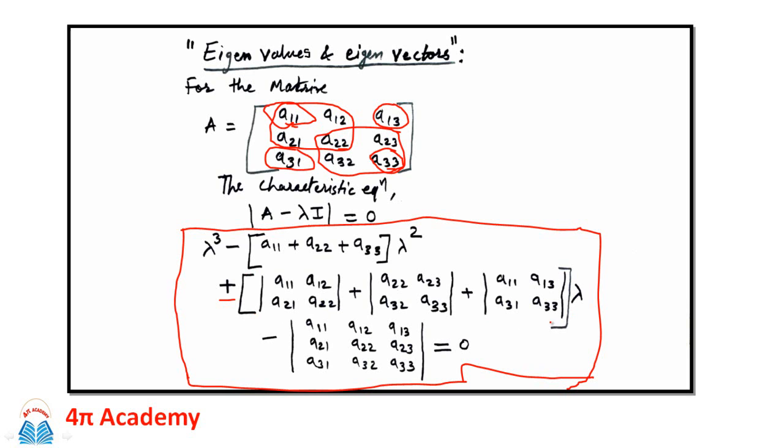The whole bracket is multiplied by lambda, and now the sign is minus the determinant of the matrix A, and it is equal to 0.